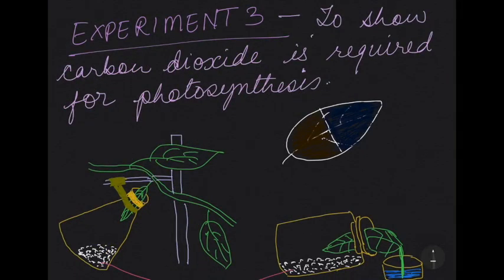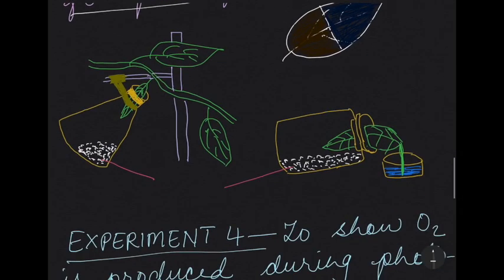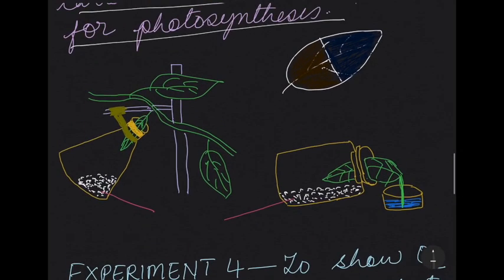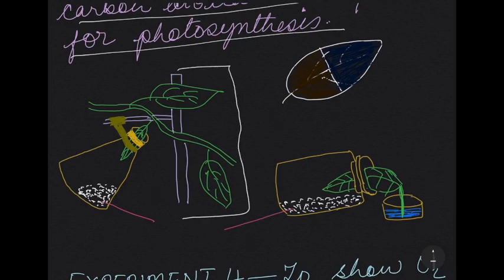So the next experiment is to show carbon dioxide is required for photosynthesis. The very first step, what do we do? We take the plant, we place it in the dark for 24 to 48 hours to remove the starch. Then in the dark room only, you set up the experimental setup in this manner.